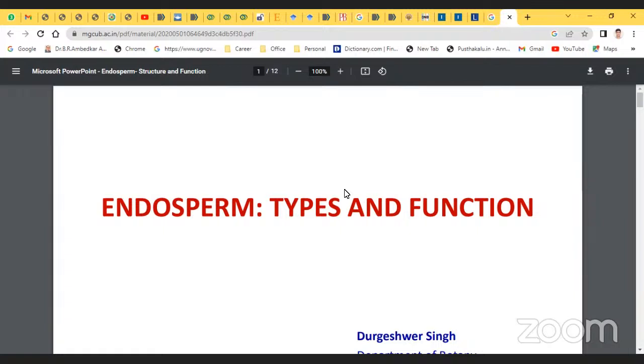Orchidaceae, Trapaceae, and Podostemaceae, right? In plants like beans and peas, the entire endosperm is consumed for the nutrition of the developing embryo.